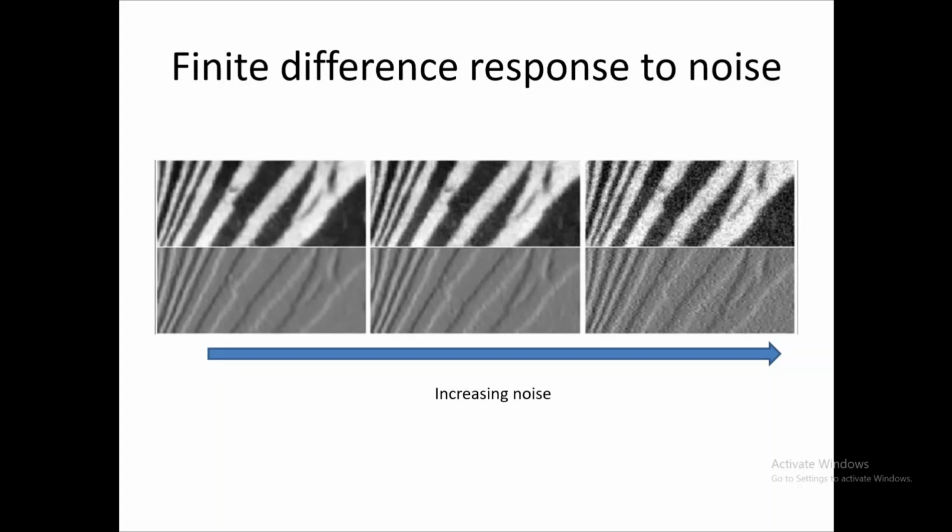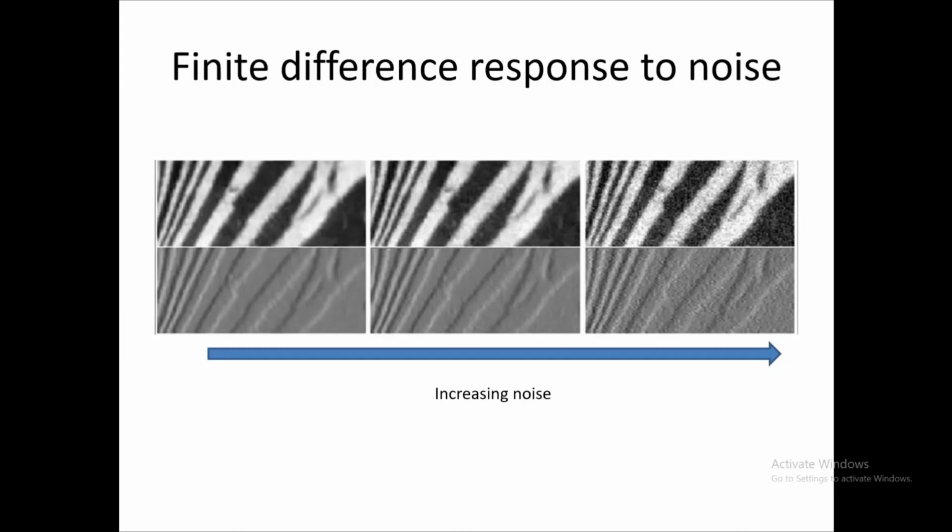Here is an image, again the image segment of zebra stripes, and here we have a gradient image as well. What we can start to see is that as we add noise to the image, the gradient starts to fall apart.